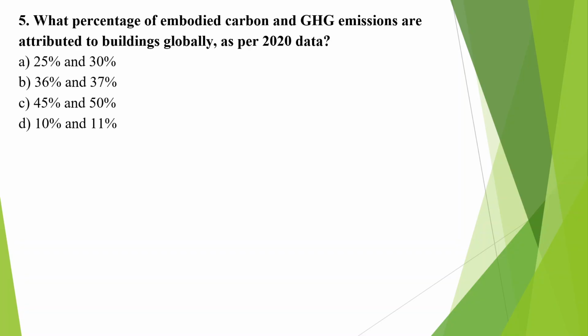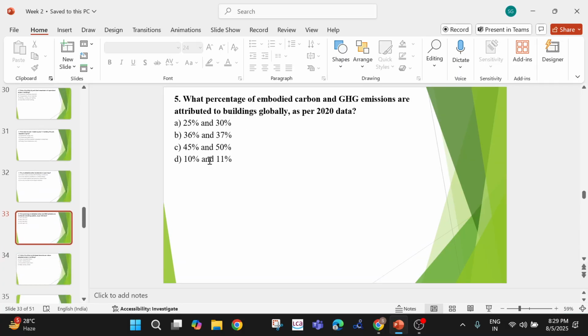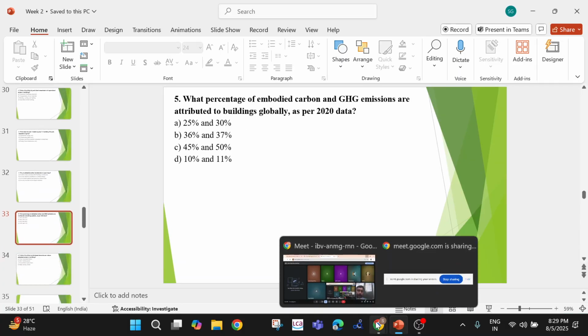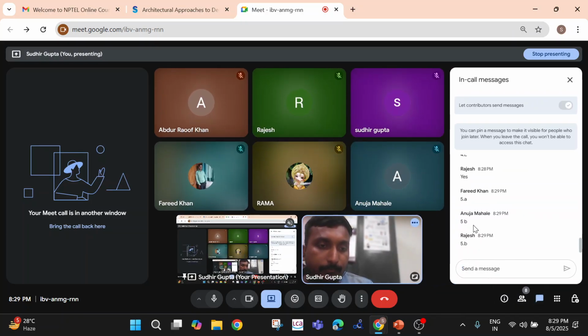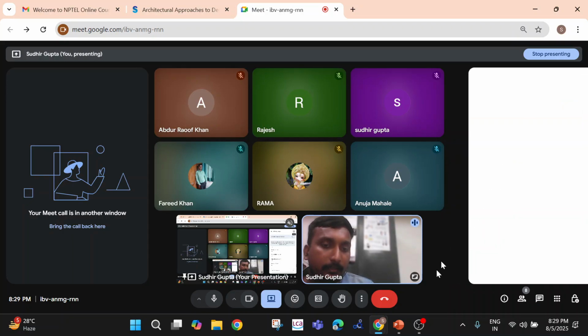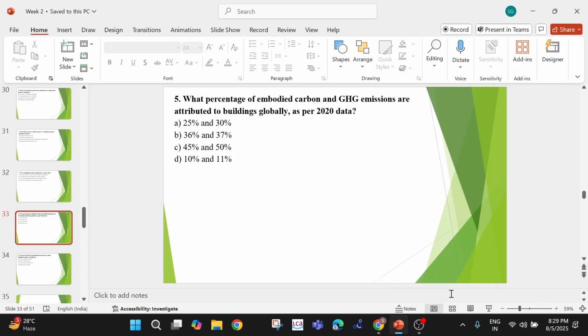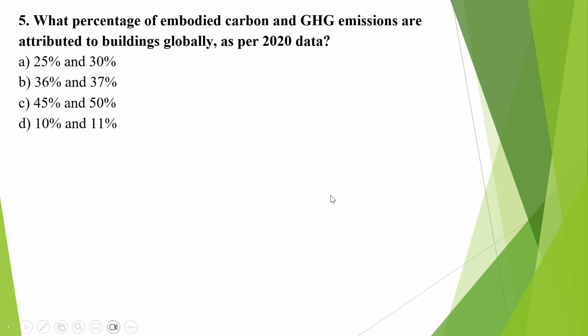And as I can see, who has answered it correctly. So here Anuja and Rajesh are the winners of this particular question and they have answered it correctly. And Farid has answered A. So for him, I would like to explain that A is not the correct answer.